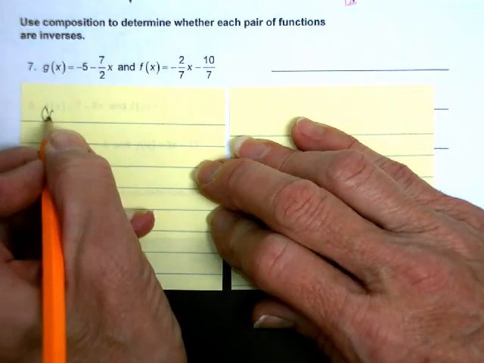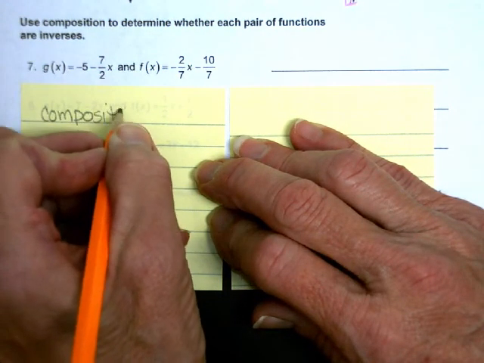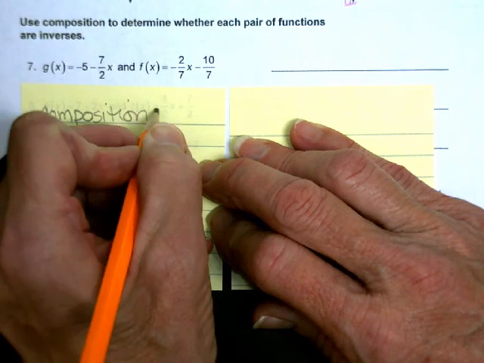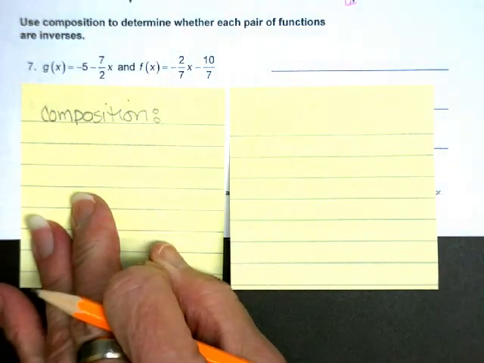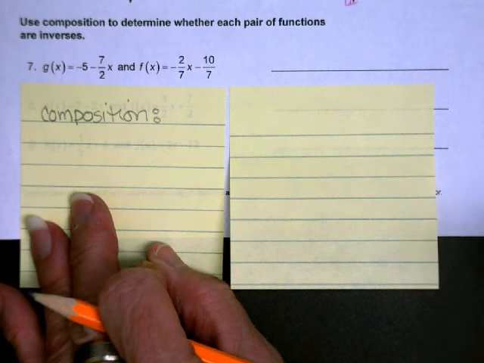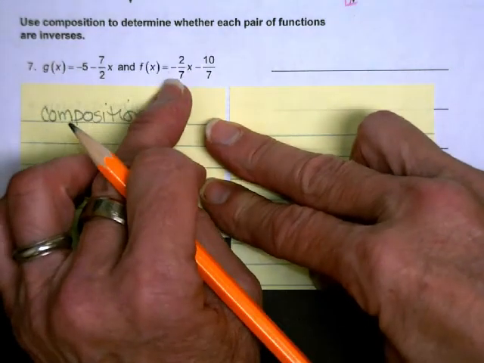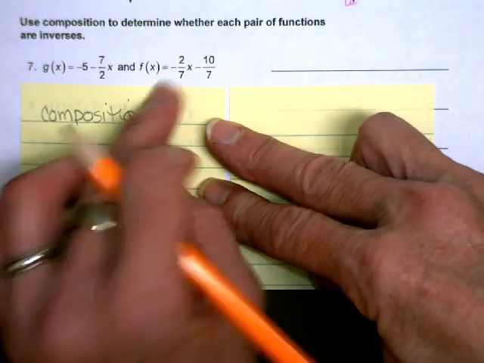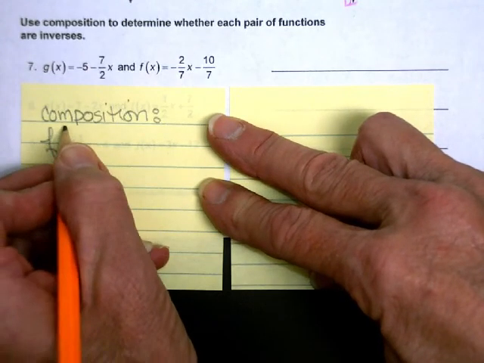So the word composition is when you place one function inside of the other and then simplify. So I'm going to start out with putting this new function inside of the original function, and it looks like this as far as notation.